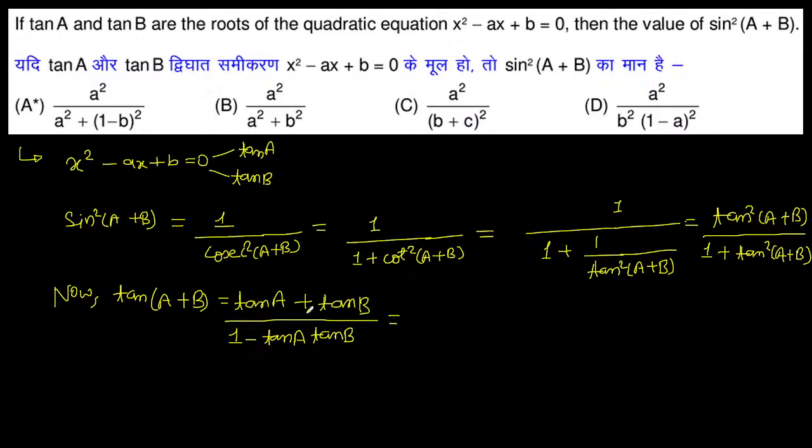Now tan a plus tan b is nothing but a, and 1 minus tan a into tan b is nothing but b. So substituting, this is 2, this is 1. Put 2 in 1.